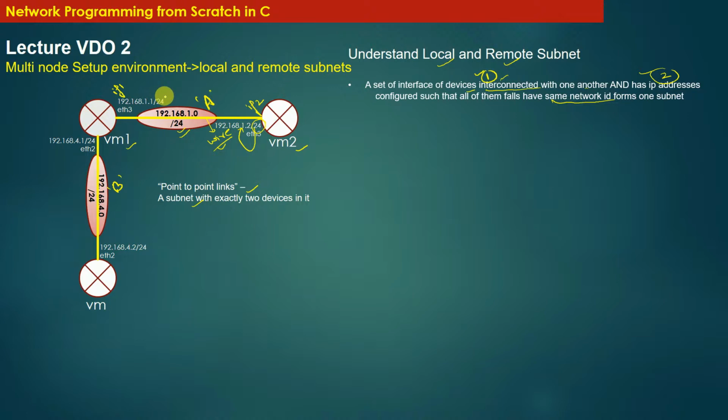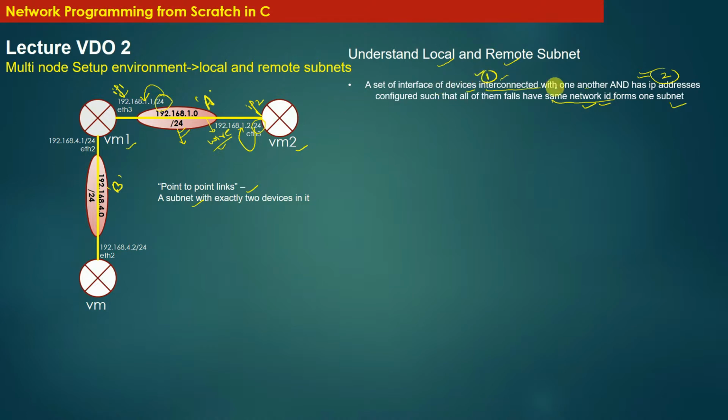Similarly, if you apply the mask value 24 on 192.168.1.1, which is the IP address of interface IF1, you will again get the same network ID. So condition 2 is also satisfied: the IP addresses of all the interconnected interfaces compute the same network ID, and therefore fall in the same subnet.